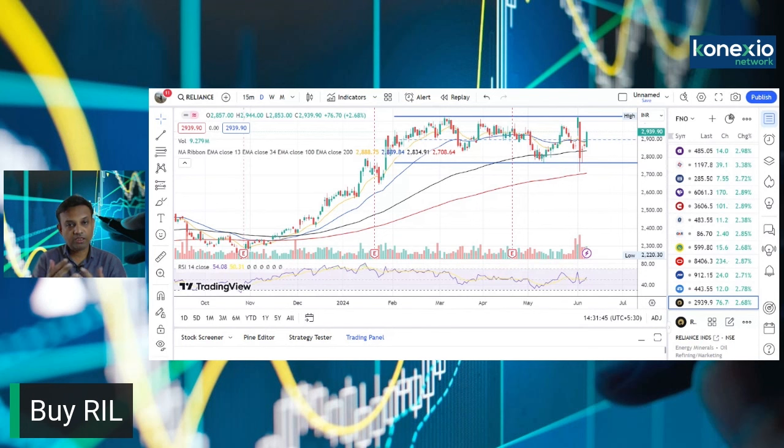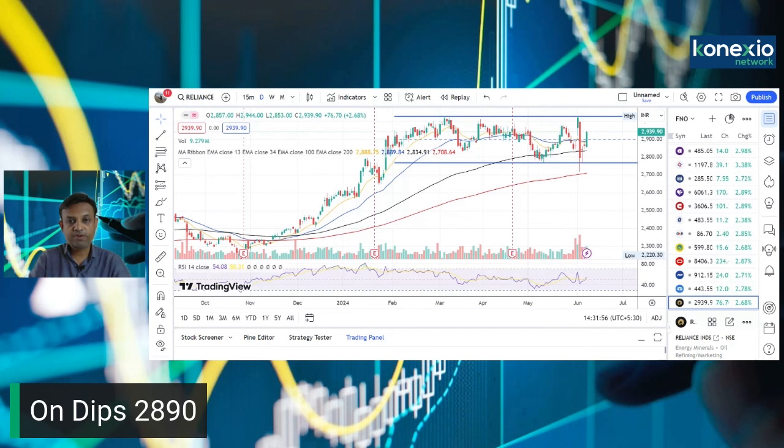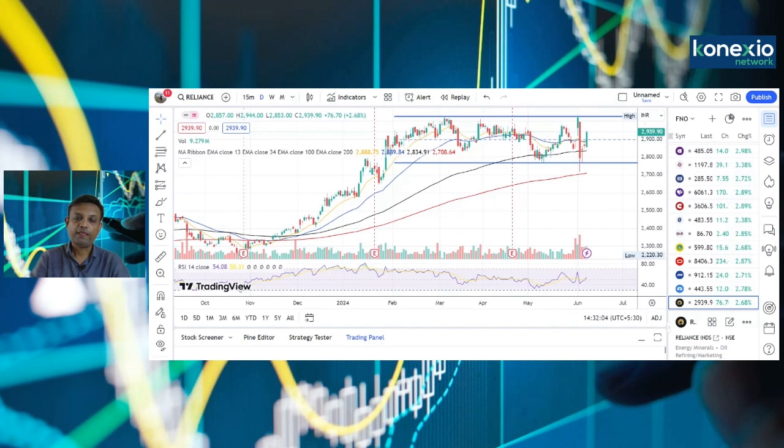So long-term investors, positional traders, swing traders, short-term investors can accumulate the stock on dips to 2,890 for an upside target of 3200 in long term. So definitely the stock has potential to give a decent return in the long run.